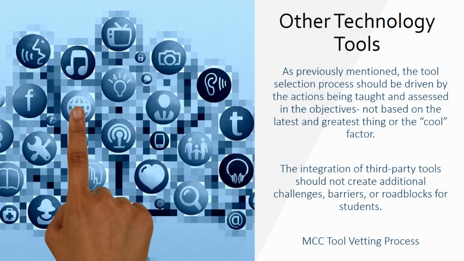Thanks, Melissa. And I want to follow up that the reason for the vetting process is not a control issue, in case some of you might have been thinking that. The way that accessibility works is that if you as a faculty member choose to use a particular technology in your course, then you are in essence liable, accountable for that tool being accessible.